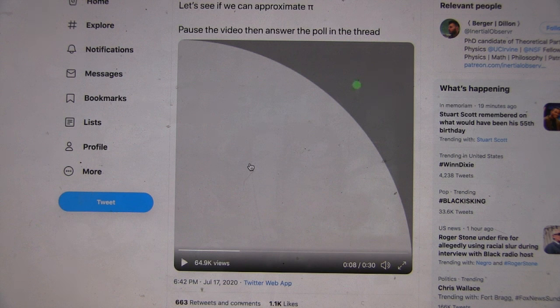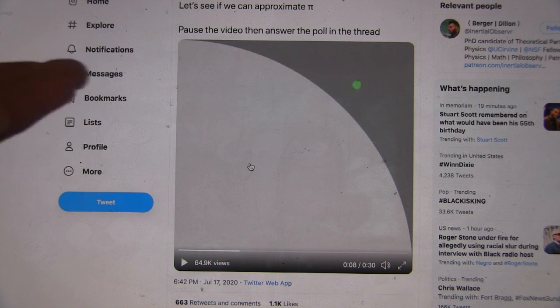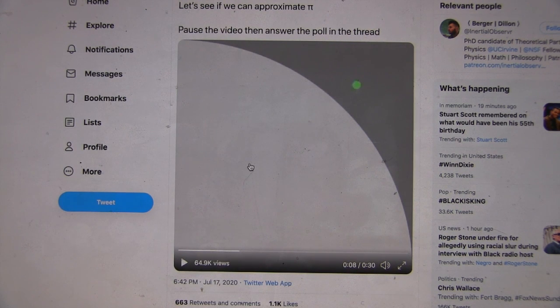So what do you think of this as a simulation or an idea, doing this on Twitter like this? It's kind of an interesting idea. It's, I guess, kind of a new way to approximate pi. You basically take little circles, and you're taking 30 seconds worth, and there's 1 per frame of this video. So I don't actually know how many that is.